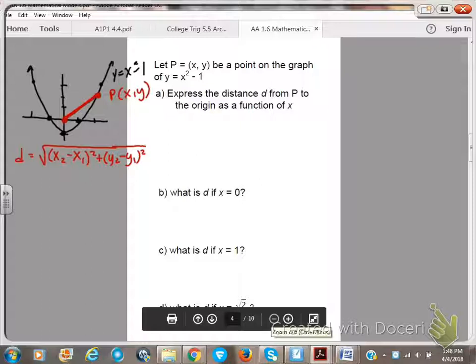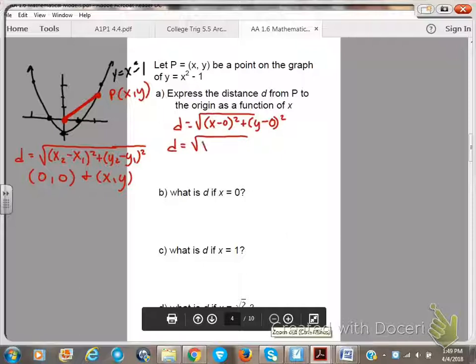If one of our ordered pairs is 0, 0, and our other ordered pair is x, y, plugging this into our distance formula, we have d equals the square root of x minus 0 squared plus y minus 0 squared. That's x squared plus y squared. So d equals the square root of x squared plus y squared.